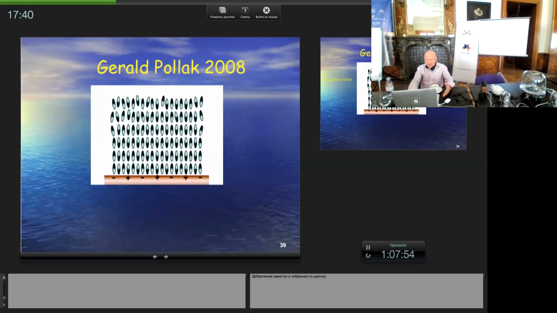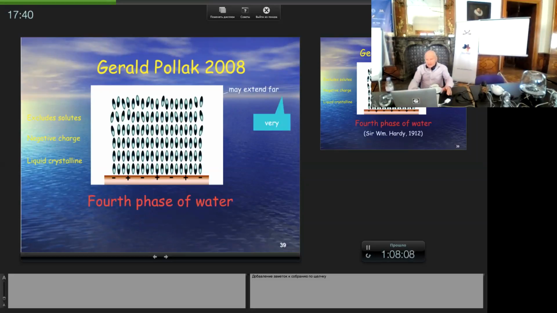And we understand this is a zone of organized molecules nearby the surface. This is a type of crystalline water, and he named it the fourth phase of water.